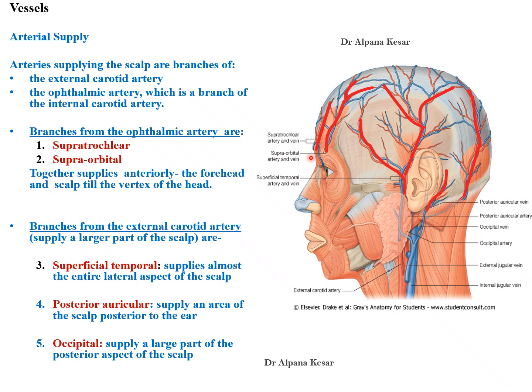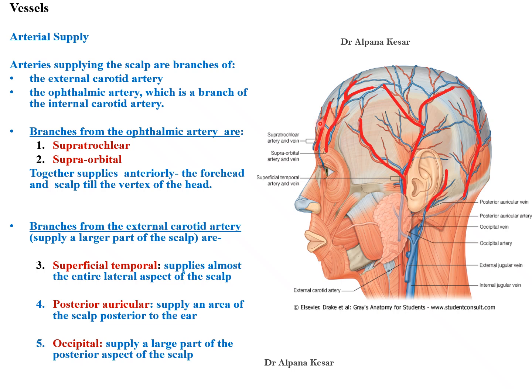The five arteries that contribute to the blood supply of the scalp are supratrochlear, supraorbital, superficial temporal, posterior auricular, and occipital arteries. Supratrochlear and supraorbital are branches of the ophthalmic artery, and the ophthalmic artery is a branch of the internal carotid artery.